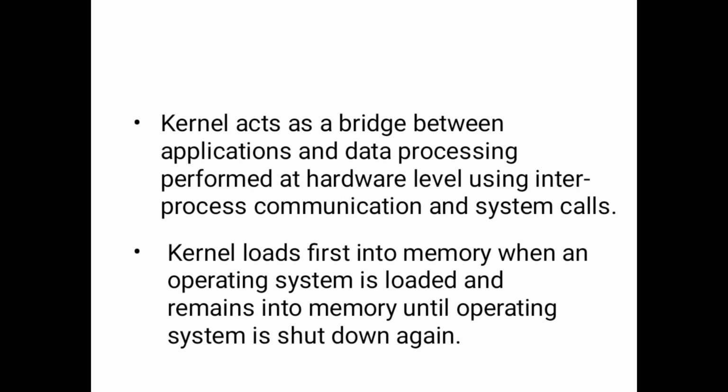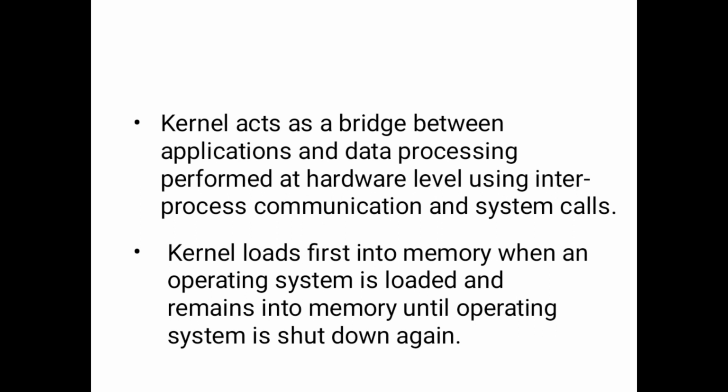Here we can say kernel acts as a bridge between application and data processing performed at hardware level using inter-process communication and system calls. So here is how kernel manages the different processes in operating system.